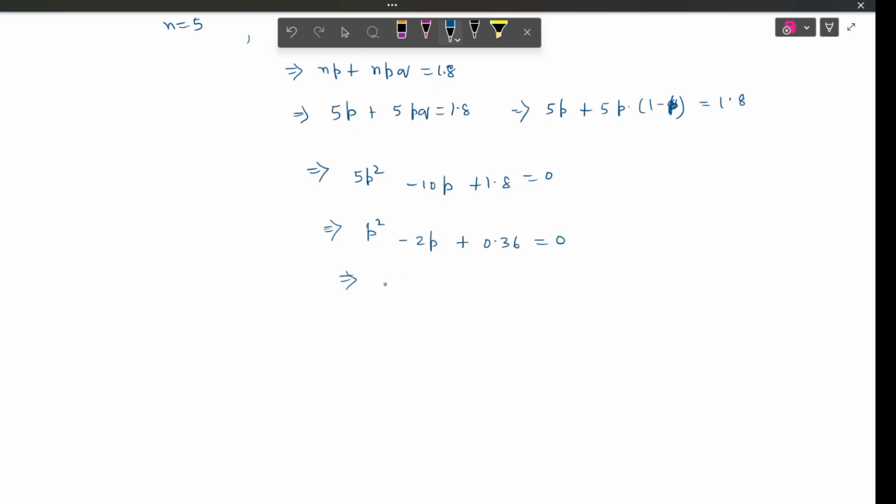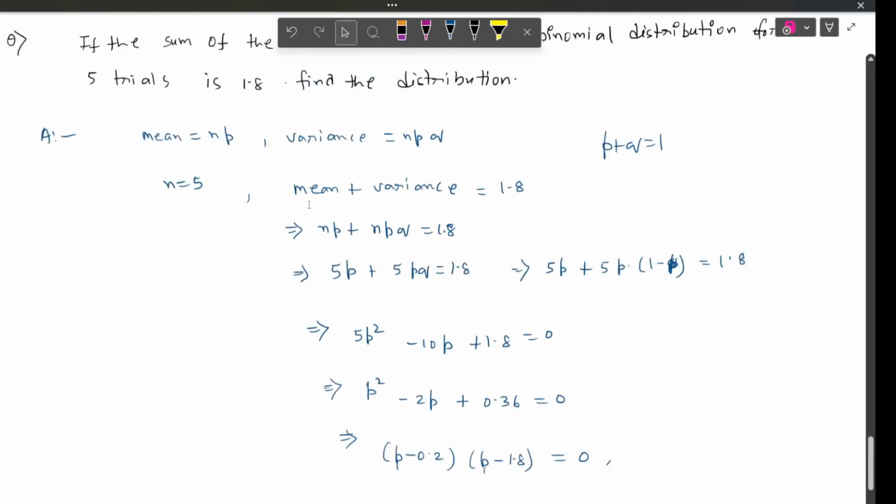And if we take middle term, it would be p minus 0.2, p minus 1.8, that is 0. Okay, so p cannot be greater than 1.8 because sum is 1.8, right?